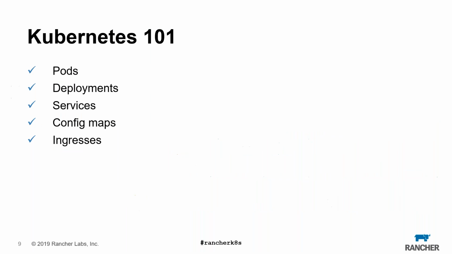These are things you need to run more than just Kubernetes at scale. So today we're going to talk a little Kubernetes 101, and we're going to talk about essentially five APIs: pods, deployments, services, config maps, and ingresses, and we'll touch on some things in between that are ancillary. I literally do mean these are Kubernetes resources, but they're also APIs.